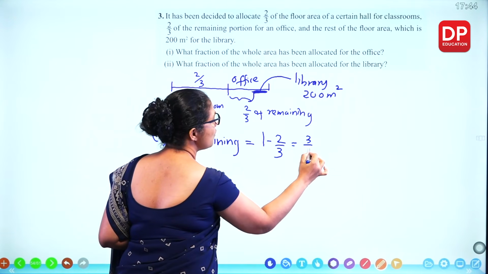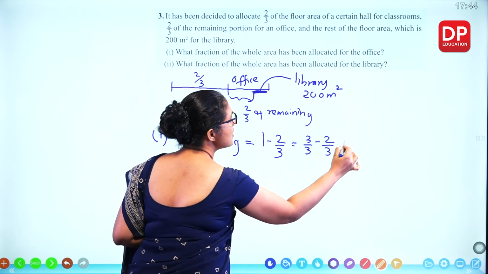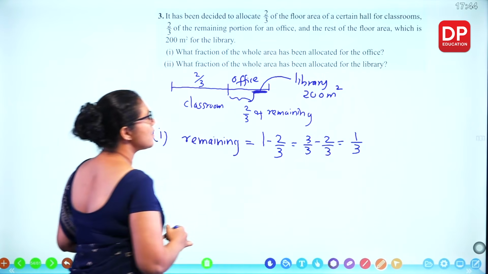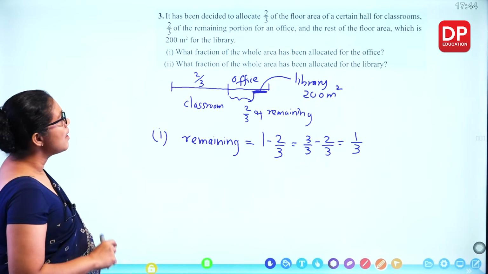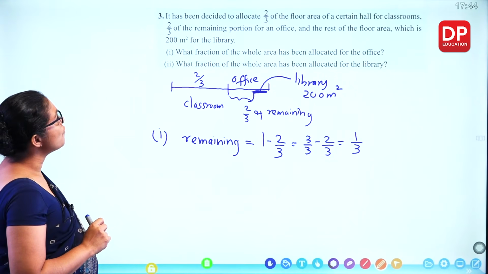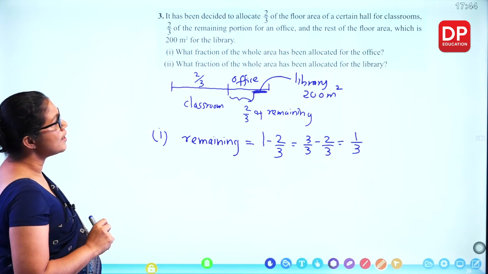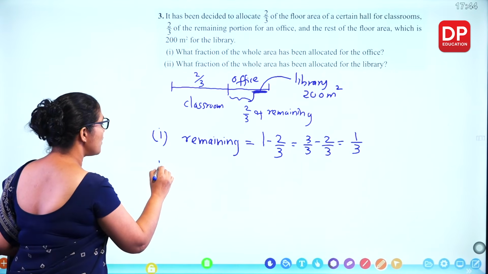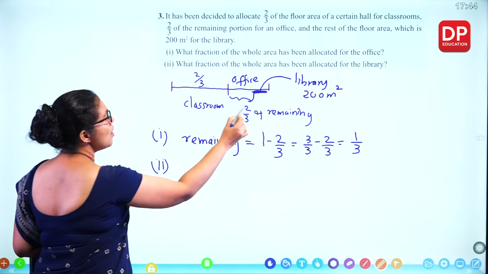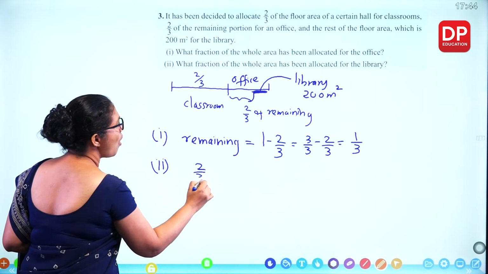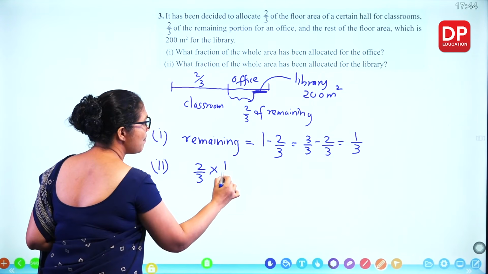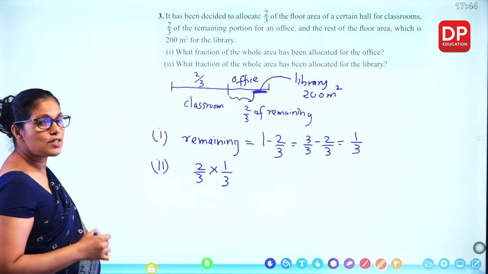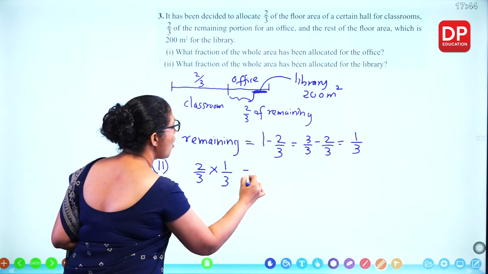You can write 3/3 minus 2/3, you get 1/3. So 1/3 is the remaining part. So then what fraction of the whole area has been allocated for the office? We know that it is 2/3 of the remaining part. The remaining part is 1/3. So 2/3 of 1/3 is the office area.